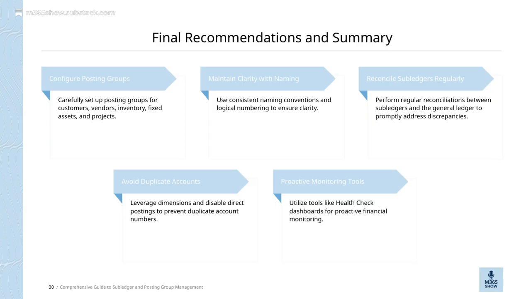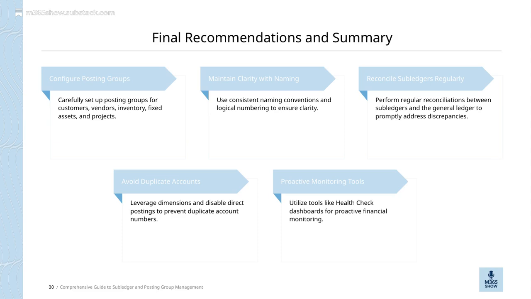Regular reconciliations between your subledgers and the general ledger are also crucial. They help you identify and resolve discrepancies promptly, keeping your books aligned. Maintaining clarity is vital, so use consistent naming conventions and logical numbering systems. This makes your data easier to understand and audit.